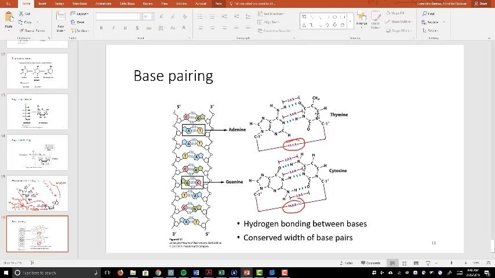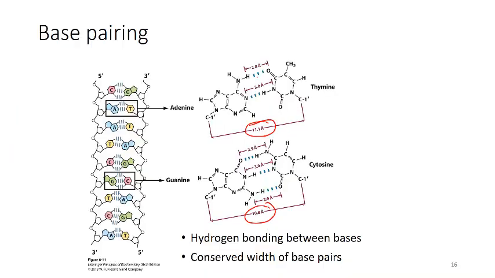So we have thymine and adenine, and then cytosine and guanine here. And in the exercise, you circled the groups that were capable of hydrogen bonding. What you should have seen is that thymine and adenine are both capable of hydrogen bonding with two groups.